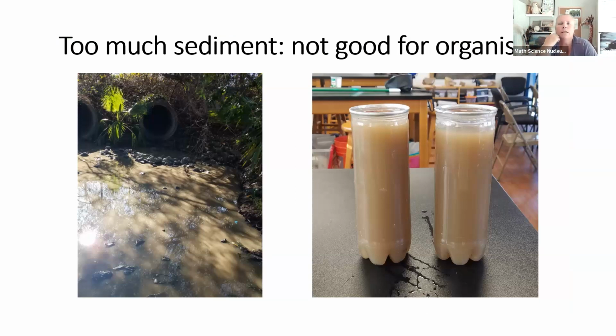Now, what's going to happen to all our organisms that are trying to swim through that and find food to eat through that? So that's how this pollution very quickly affects our smaller organisms. Because if our smaller organisms die out, then our bigger organisms don't have anything to eat either.